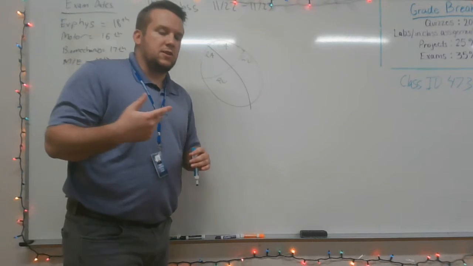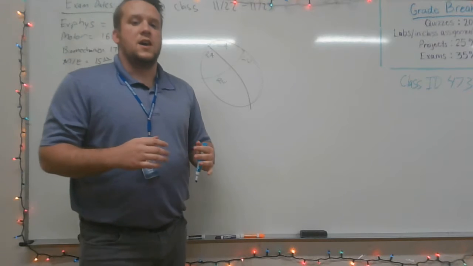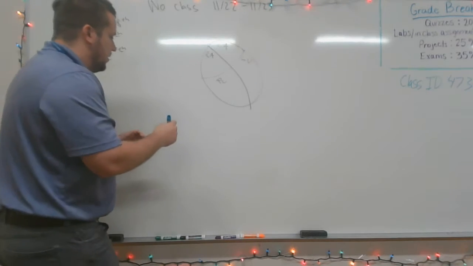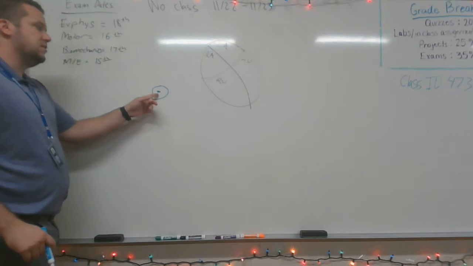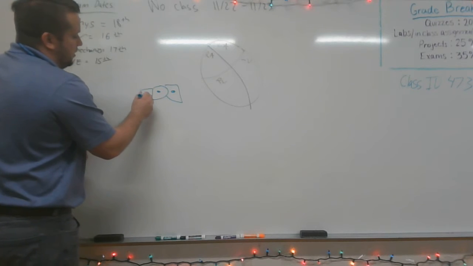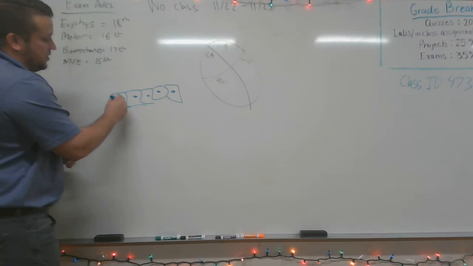So there's some characteristics of cardiac myocytes, or heart cells, that allow them to be really effective in what they do. If you look at cardiac cells, this dot here is the nucleus. If you look at a chain of cardiac cells, it's going to look something like this.